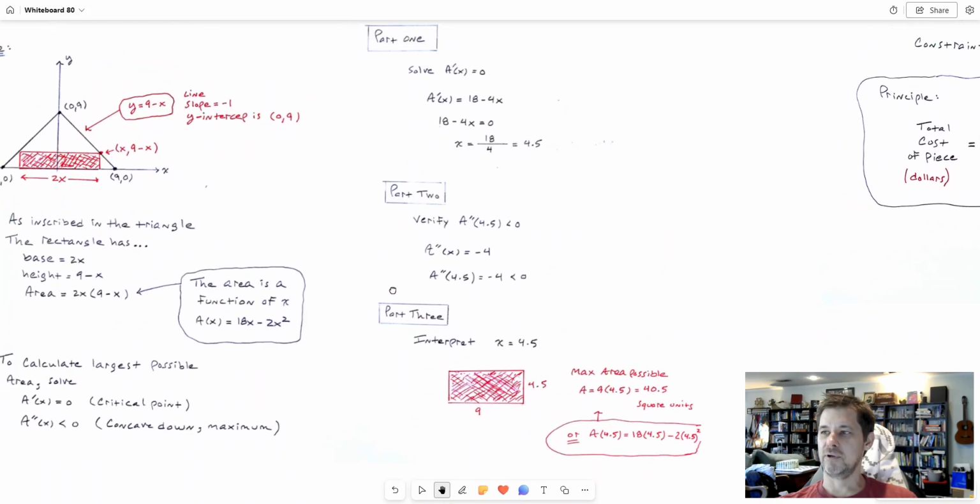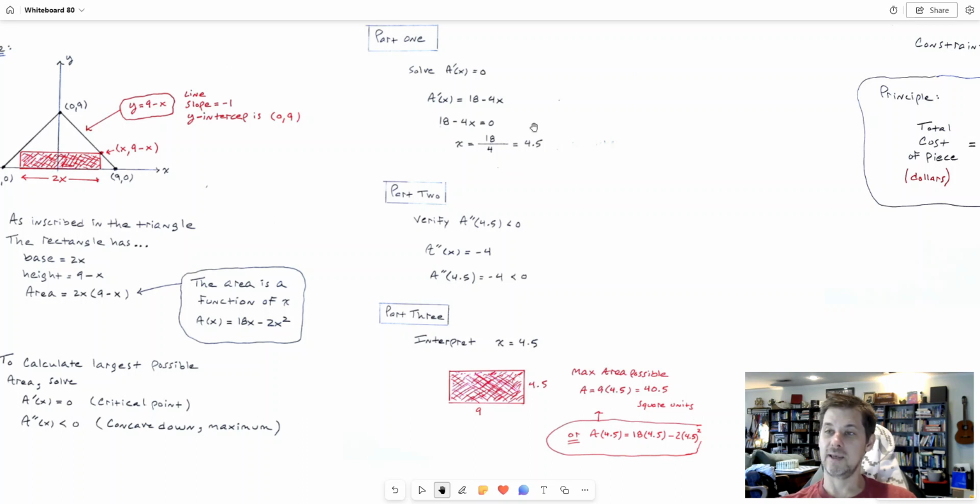Notice that I put part 3 as interpret. Whenever I solve the derivative for 0, I'll get some number that will take me to the ultimate answer. But notice that 4.5 itself wasn't the answer. There's lots of things that we can interpret from that. We could say that 4.5 tells me that the largest size that rectangle can have is 40.5 square units.